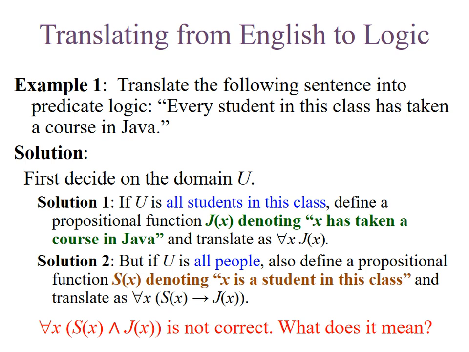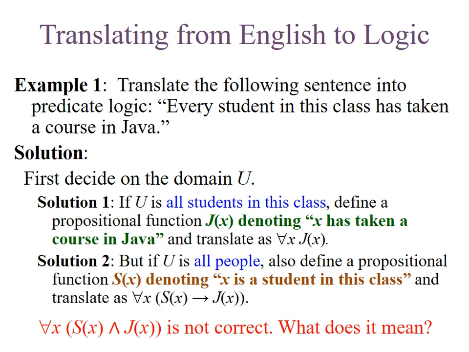Alright, let's see what this predicate logic means if we have all people within the domain. That means for all x, all people, S of x means all people are in this class, and all people have taken Java. All people also take the course in Java.